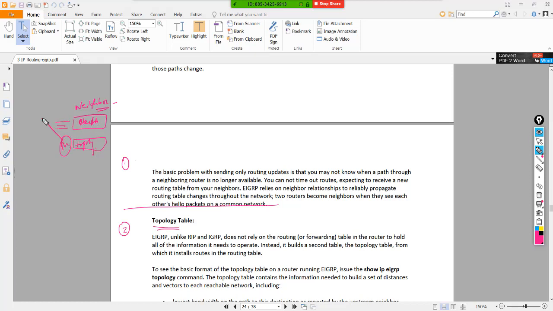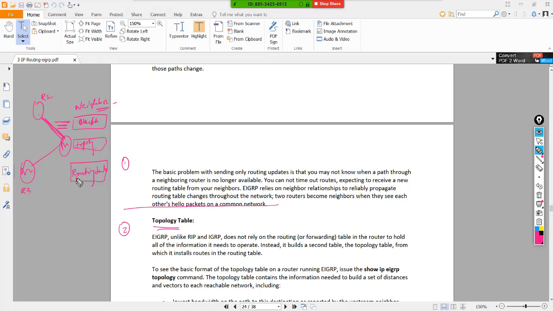Let's say this router has a neighbor relationship with R2. Now this information will be put up in this table. Similarly, this router has a neighborship relation with R3. Now that will be part of this. Apart from the neighbor table, there is something called the topology table, and after the topology table there is the routing table as well.